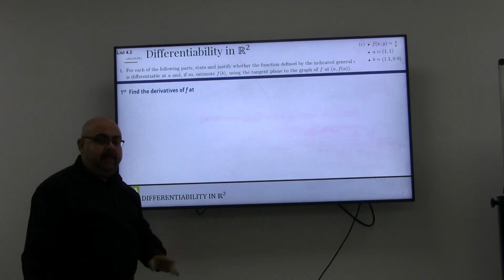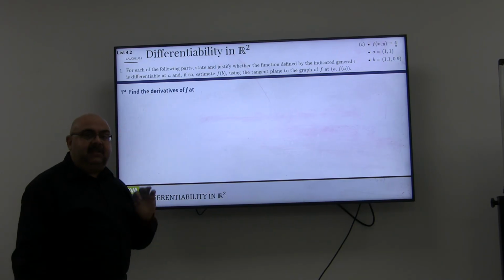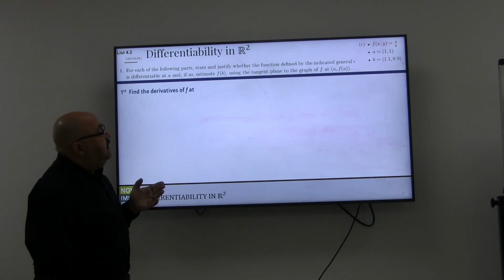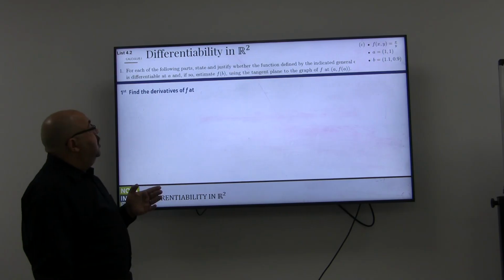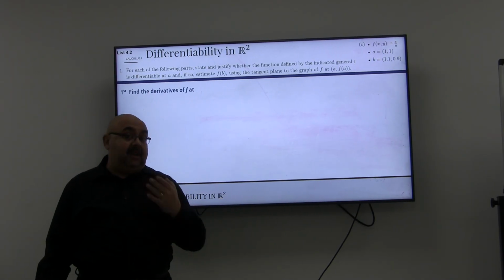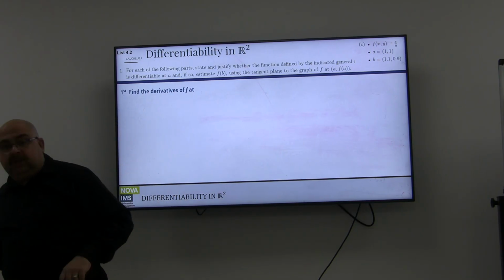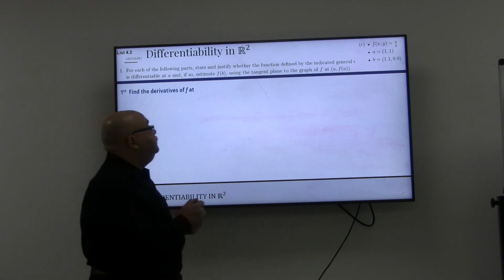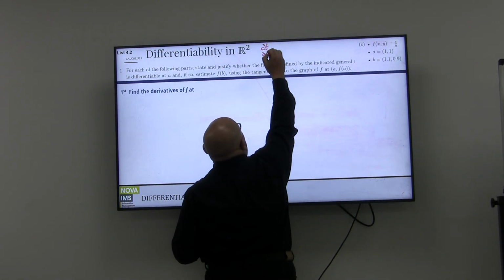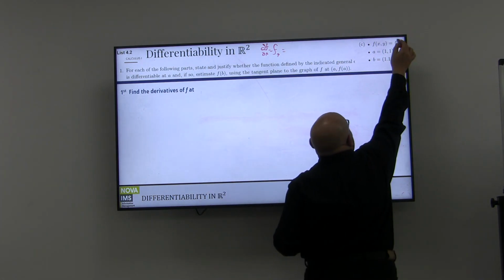The first step is to find the partial derivatives of f at the point that we are dealing with. I have x over y. This function is not given as a piecewise function, so I can find the first derivatives, which is a really very simple task. If I want to find partial f, partial x, or simply f sub x, all I have to do is differentiate this.